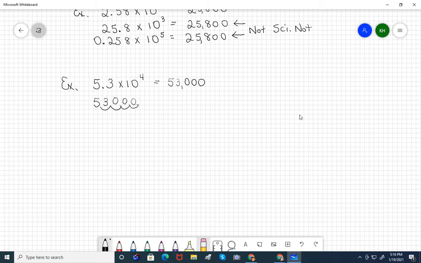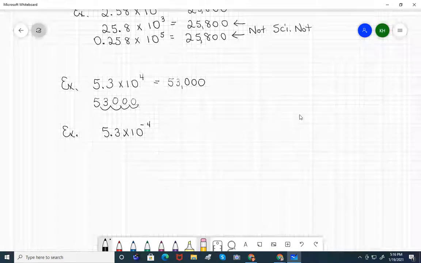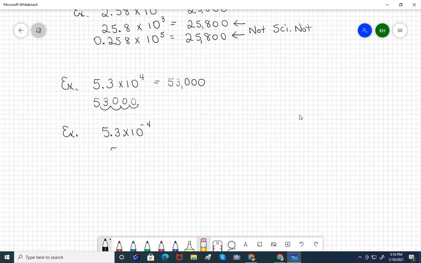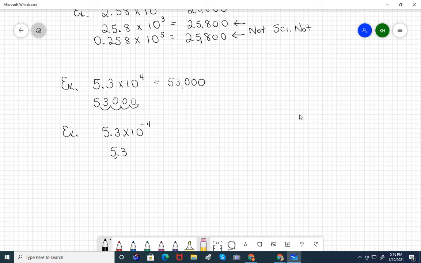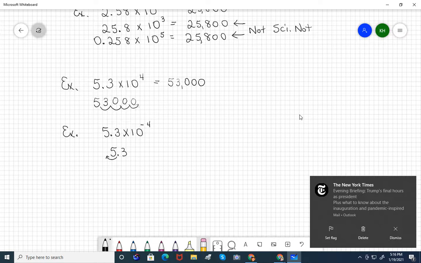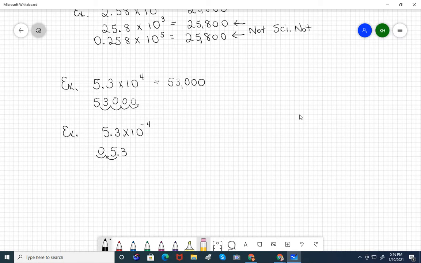If we have a number with a negative exponent, let's just do the same, 5.3 times 10 to the negative 4. That means we have to divide by 10. So instead of having 5.3, if I divide by 10 once, I'm going to get 0.53, but I'm not going to stop there. If I divide again, I'm going to get 0.053. So 2, 3, 4 times.